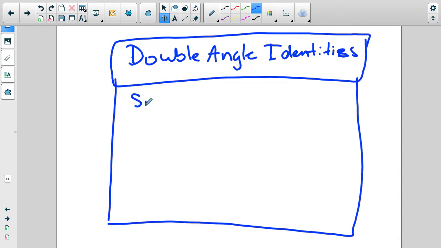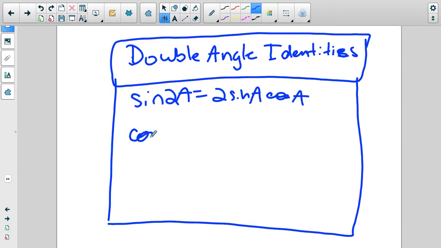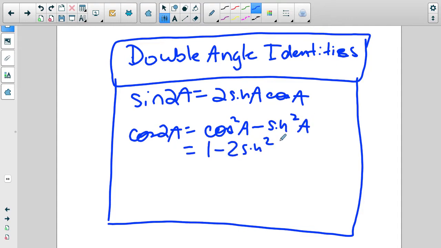Alright, so sine 2A is equal to 2 sine A cosine A. Cosine 2A is equal to cosine squared A minus sine squared A, which turns into 1 minus 2 sine squared A, or 2 cosine squared A minus 1.